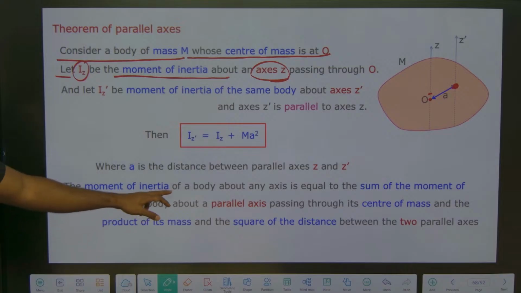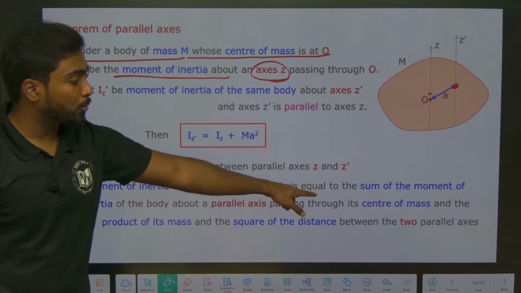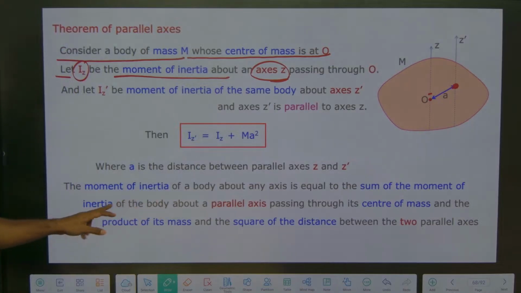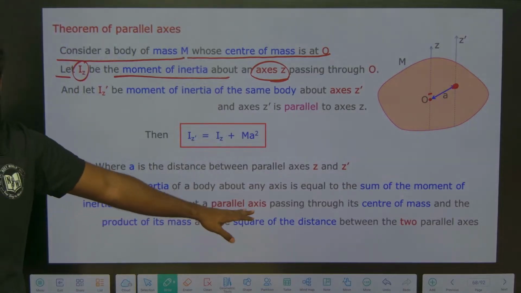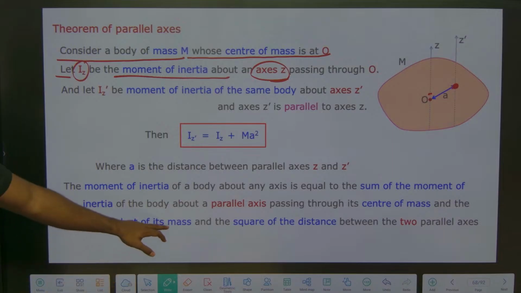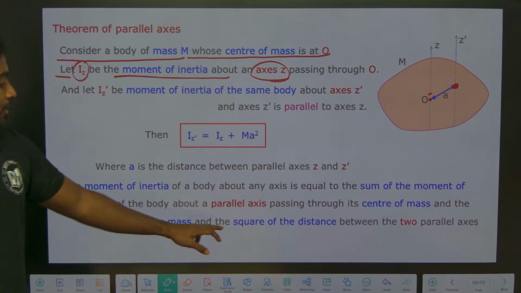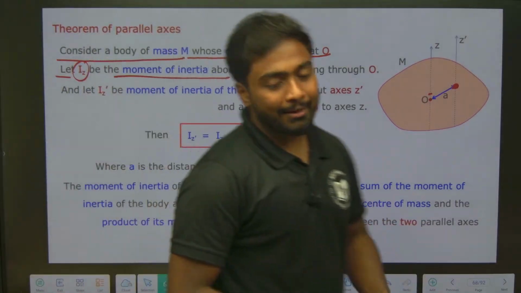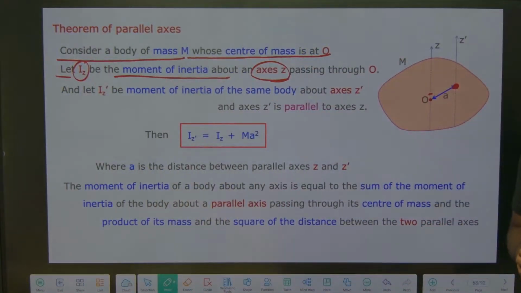So the moment of inertia of a body about any axis is equal to the sum of the moment of inertia of the body about a parallel axis passing through its center of mass and the product of its mass and the square of the distance between the two parallel axes. Take a note of this.